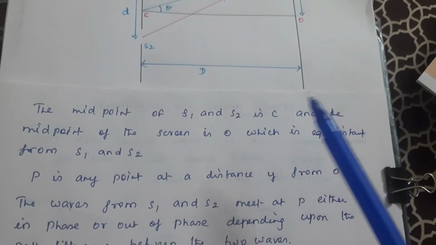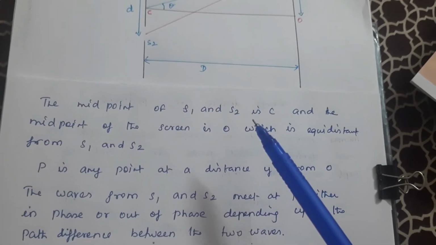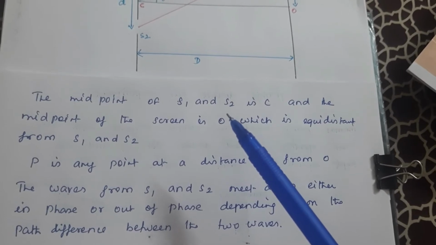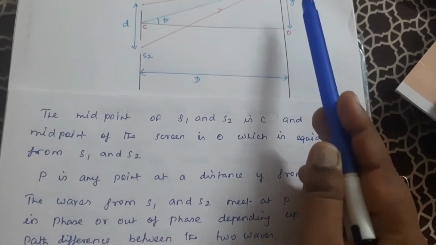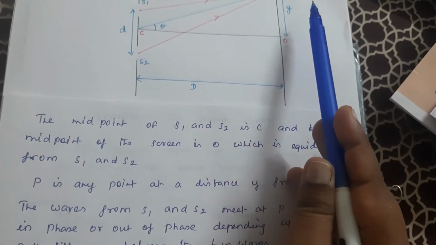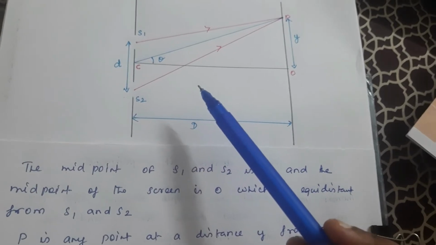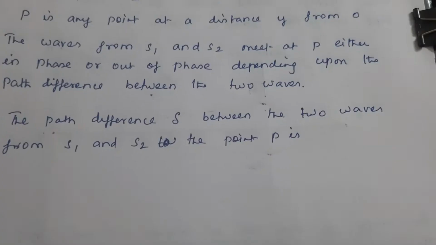Either in phase or out of phase, depending on the path difference between the two waves. So the waves which are meeting at the point P will be in phase or out of phase depending upon the path difference between the two waves.